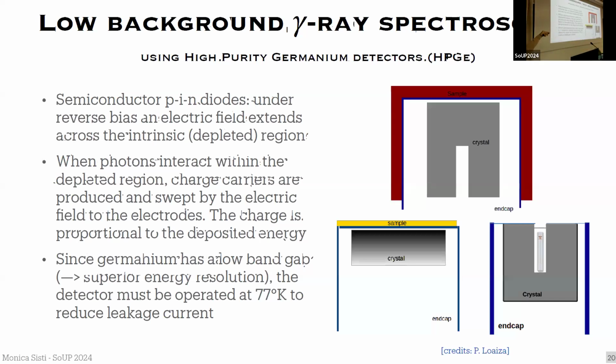Since the germanium has to run cold, it has to be in vacuum, and so it usually has an aluminum cap around. You put your material all around the detector, or just on top of the end cap. Then you have the well geometry, where you can put the sample inside the germanium, so you have a much higher detection efficiency, but of course the samples here are small.